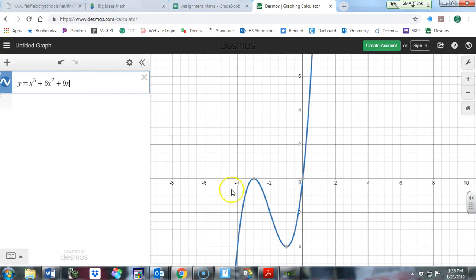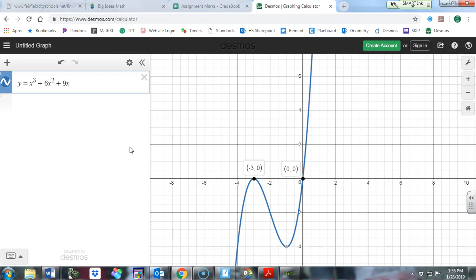Let's take a look at the graph here. Where is it crossing the x-axis? Right there at negative 3. Does it say negative 3 twice? It doesn't. We're going to talk a little bit about what this means again tomorrow. And then x is equal to 0. So you can go back and you can check your answers for all of these to make sure that they match up.